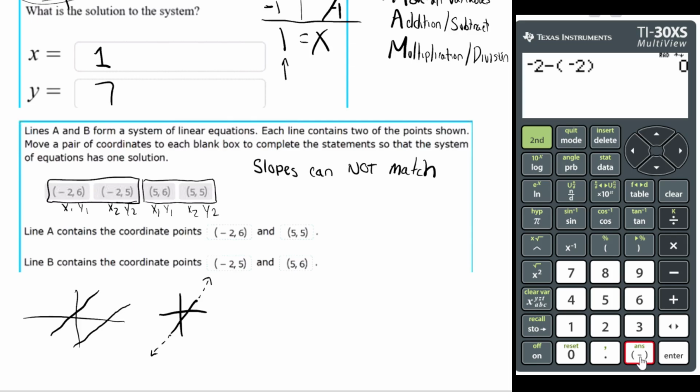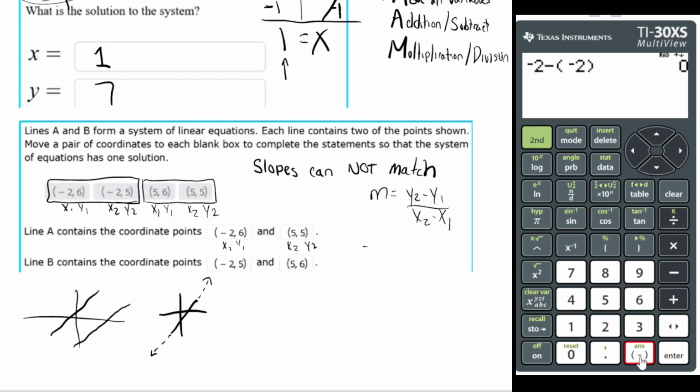So now you can see that we already have answers filled in. So let's see what the answers that are filled in look like. This would be x1, y1. This would be x2, y2.